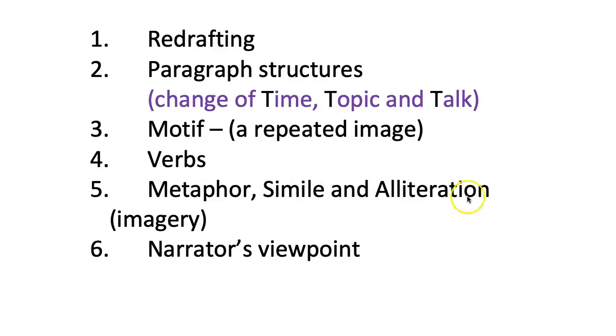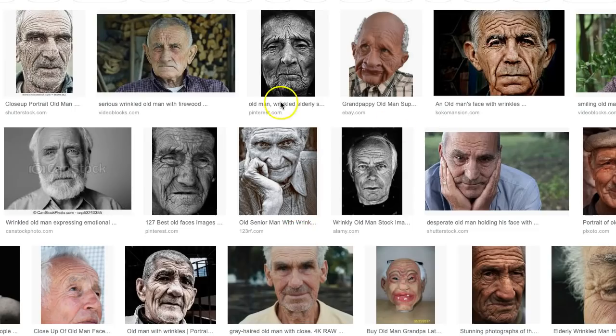I'm going to come back to alliteration in a minute, but I've also started to touch on the narrator's viewpoint. Okay, this whole description is made possible because our student is not describing a picture. Let's pick on one of our pictures here. This one looks the weakest and most vulnerable to me.